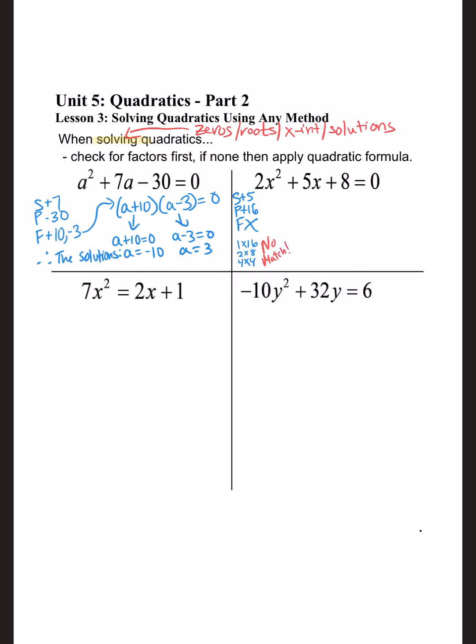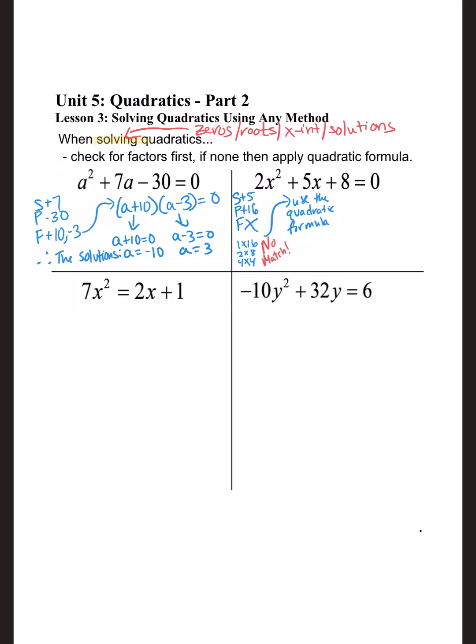So in that case, we're going to use the quadratic formula. This is a good time to mention as well that for those that maybe aren't a big fan of factoring, if you have a hard time deciding whether or not something factors, you can always use the quadratic formula. Okay, you can always go ahead and try to use that quadratic formula, and that will give you the answer.